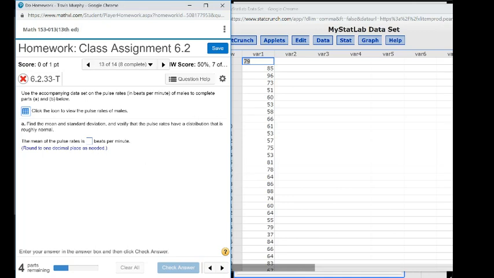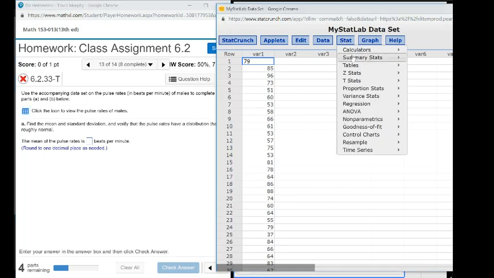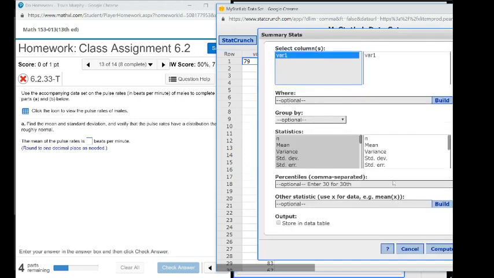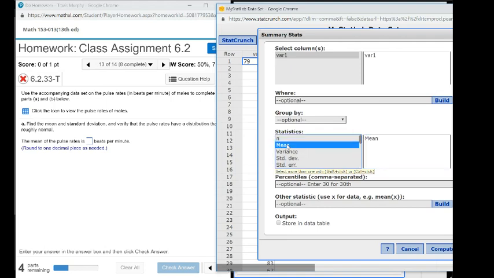We are asked to find the mean. So recall stats, summary stats, columns, variable 1, mean, and it does say find the standard deviation, so we might as well select mean and standard deviation while we're here. Compute.